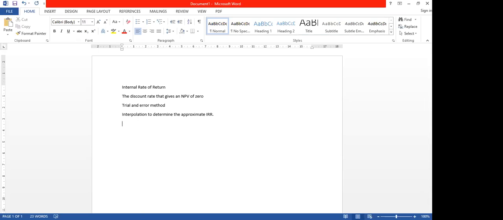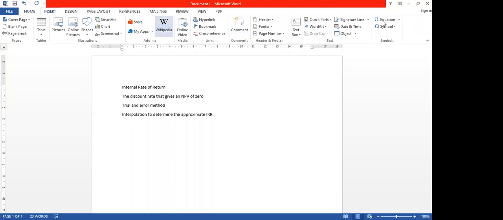Okay. So the IRR follows two methods. One, we'll do a trial and error, and then we determine the approximate IRR using the interpolation method. Now to interpolate, I'm going to give you the formula for interpolation when you are doing IRR. Let me write it in the equation editor.